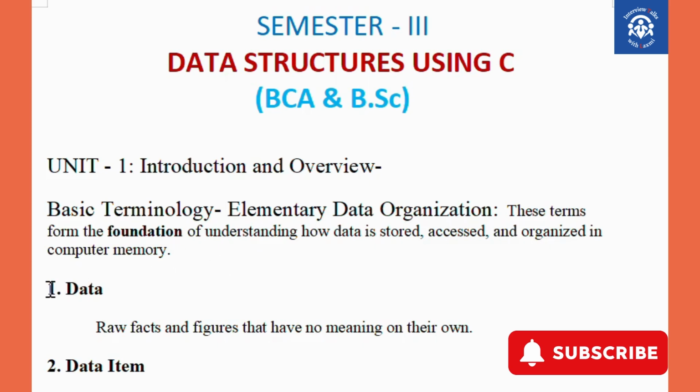Coming to the first one, data. What do you mean by data? The word data means the raw facts and figures that have no meaning on their own. Without the support of anything else, data couldn't have any meaning.